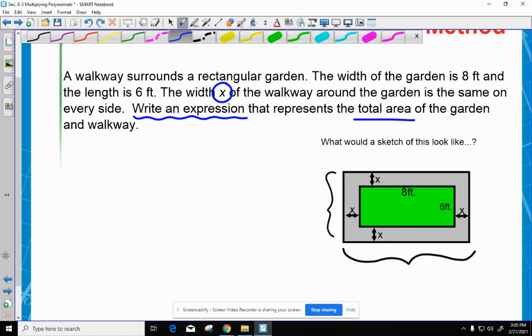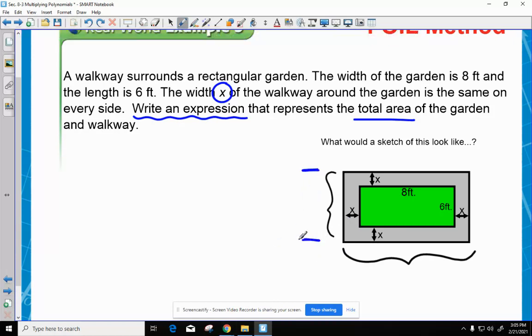Now, if I want to represent the total area, I'm going to need to know the total width from here to here. What is that distance? And I'm also going to need to know the total length. What is that distance? Well, I think I have all the information to do this drawn in my picture. Just got to put it together.